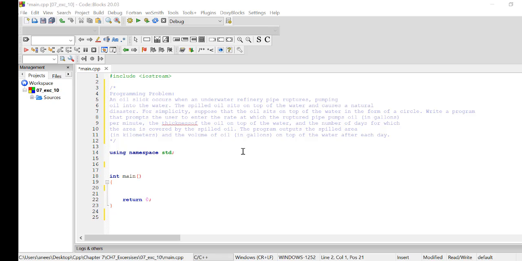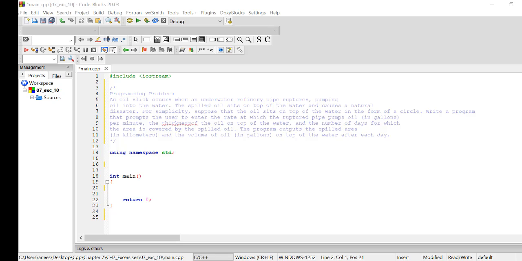An oil slick occurs when an underwater refinery pipe ruptures, pumping oil into the water. The spilled oil sits on top of the water and causes a natural disaster. For simplicity, suppose that the oil sits on top of the water in the form of a circle.